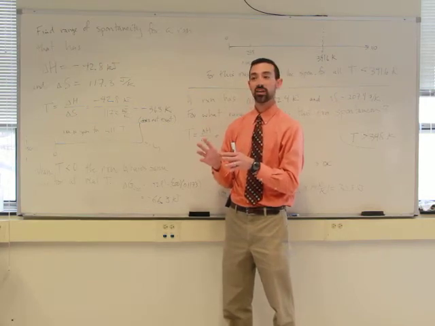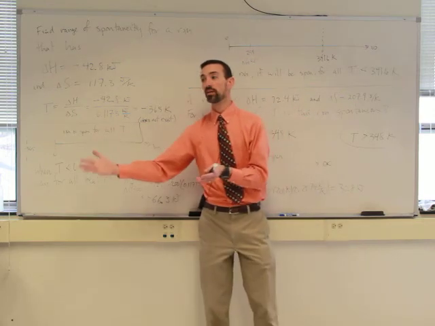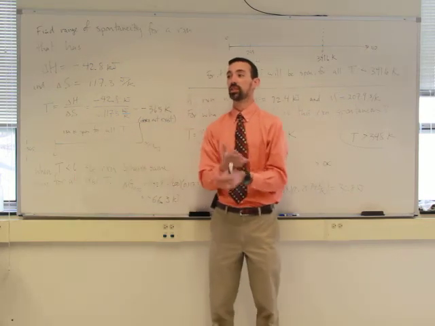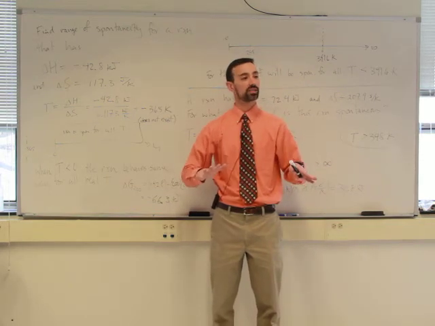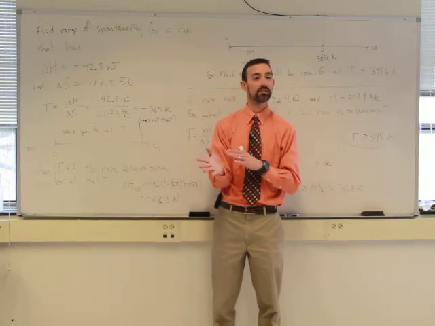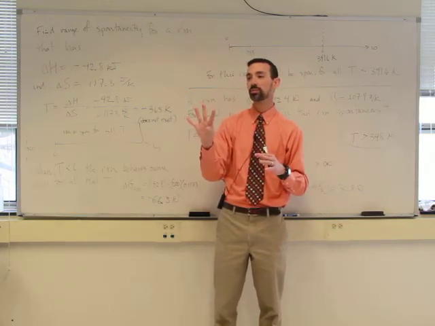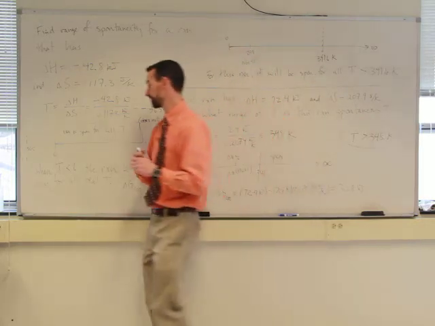So you can have a transition temperature and be below it when you're spontaneous. You can have a transition temperature being above it, spontaneous. Or you can have no real transition temperature and either always be spontaneous or never. Those are sort of the four possible outcomes for reactions. We saw 3 of the cases here, actually. Okay? All right.